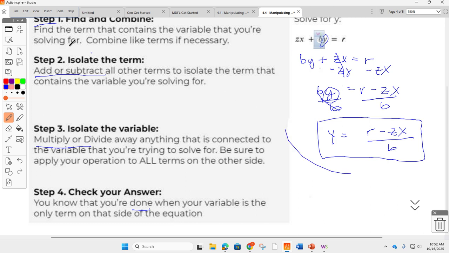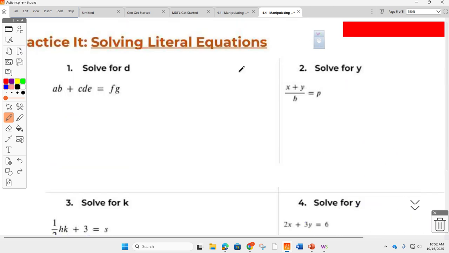All right. We are going to solve for d. So this is kind of the same thing. If you want to rearrange it and put that variable term first, you can. You don't have to, but it makes more sense to some people if they do. Because now it looks more obvious that ab is being added to cde.